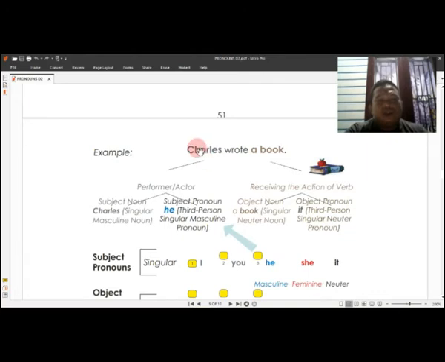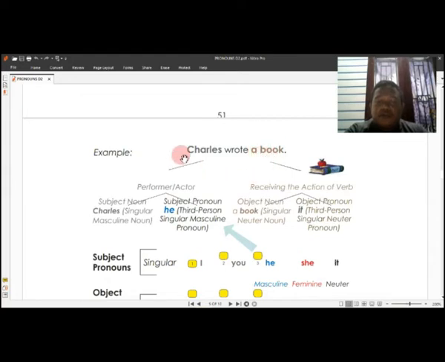Here, Charles wrote a book. The first thing you need to do is find out where the verb is, and the verb is wrote. This is the past verb. The word before the verb is Charles, so this is the subject. The word after wrote is a book, so this is the object.